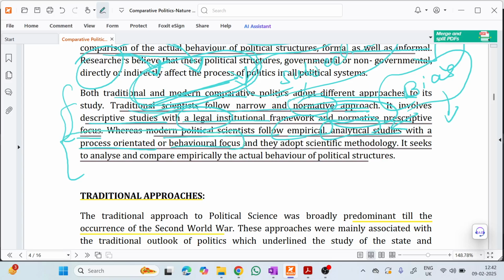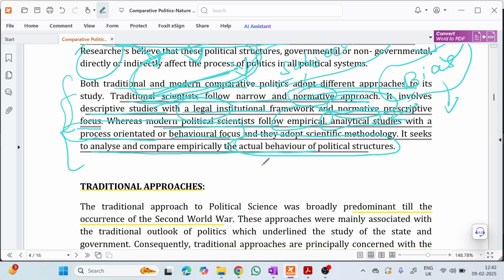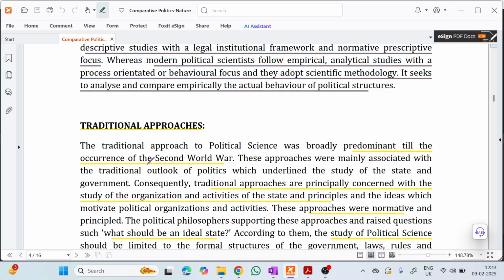So these scientific principles will be employed, and they analyze and compare empirically the actual behavior of political structure. So this is it. Now let's proceed with the traditional approaches.